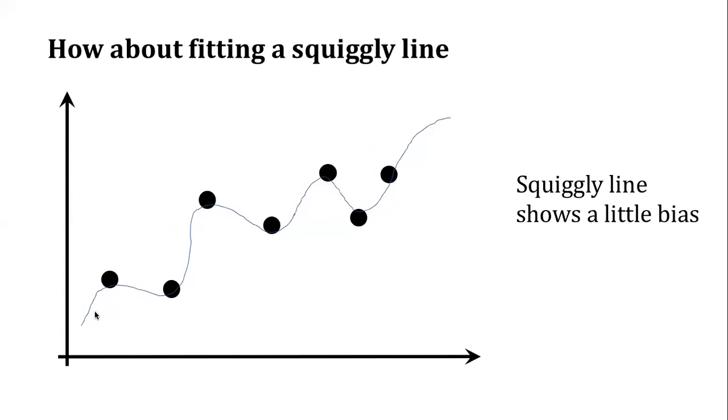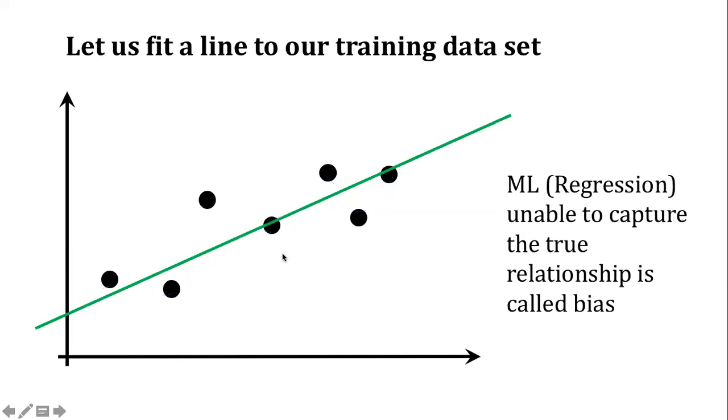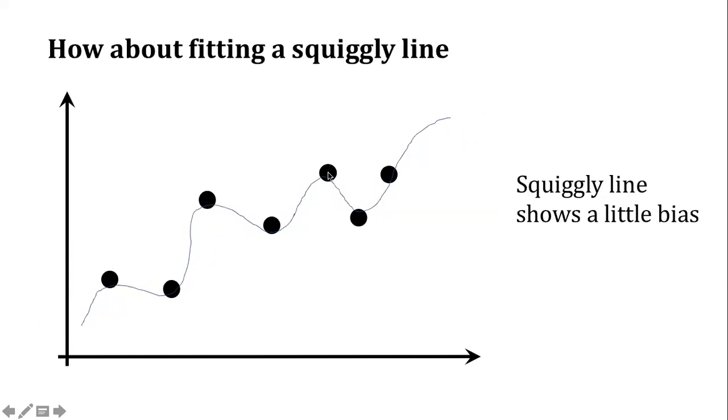If we fit a curve, you can see it passes through almost all the dots. The line misses certain dots, but the curve almost touches all of them.